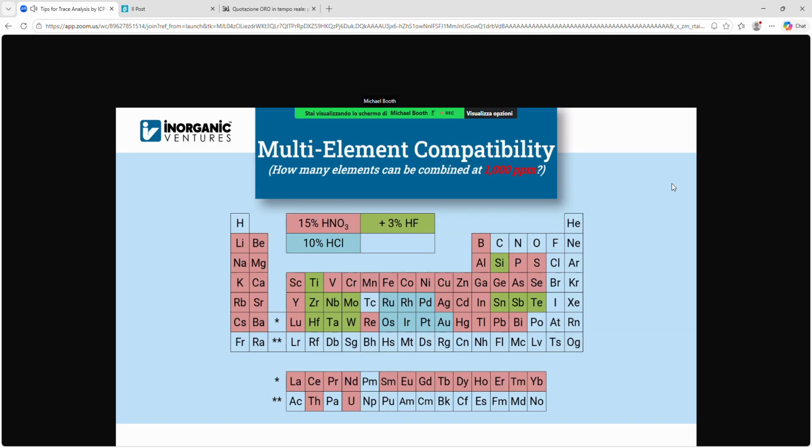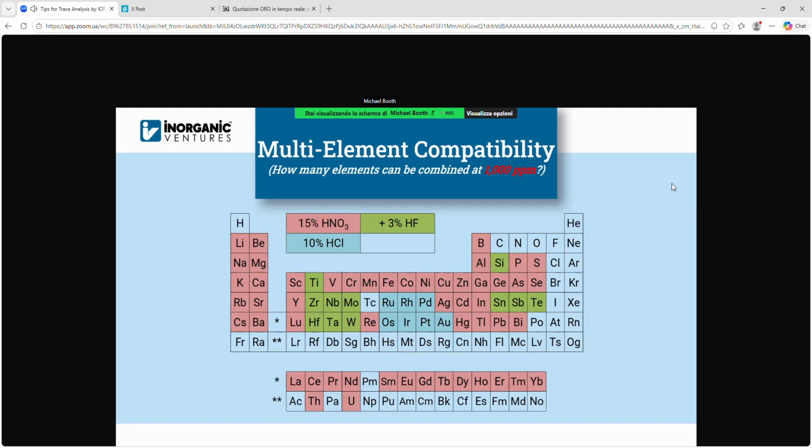And if you want to start adding in these HF elements, you can, but you have to increase the amount of HF in your matrix, up to 3% HF to get those elements in solution. Again, that's all going to vary depending on how many you want to put in the same solution, but in general, you can get all these things together.